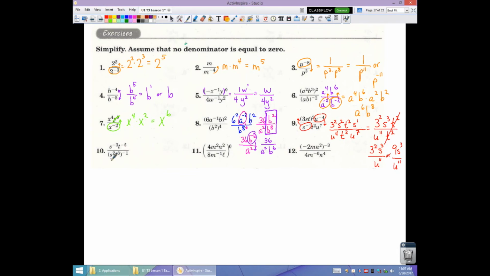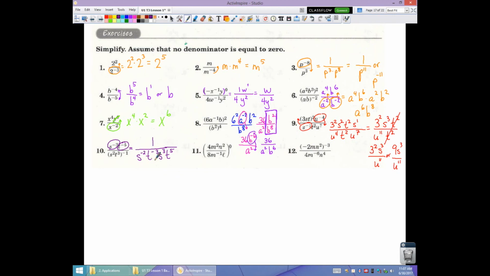Okay, number 10, I have this negative first power in the denominator to apply to everything in those parentheses. So let me make that s to the negative 2nd, t to the negative 3rd. Now in the numerator, I already had some negative exponents, so if I bring those down, make it s to the positive 3rd, make this t to the positive 5th, I no longer have anything in the numerator right now. So again, that's never a 0, you make it 1.